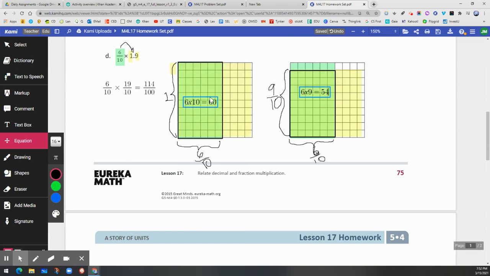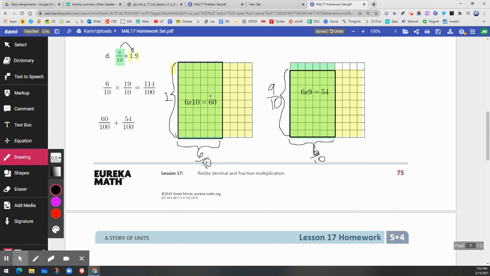So let's add them up. We have 60 on this side, 60 out of 100. So that's 60 hundredths plus 54 hundredths. Once again, I'm going to repeat this so you understand clearly. This 60 is out of the whole thing that is 100, and this 54 is 54 out of 100 of the whole thing.